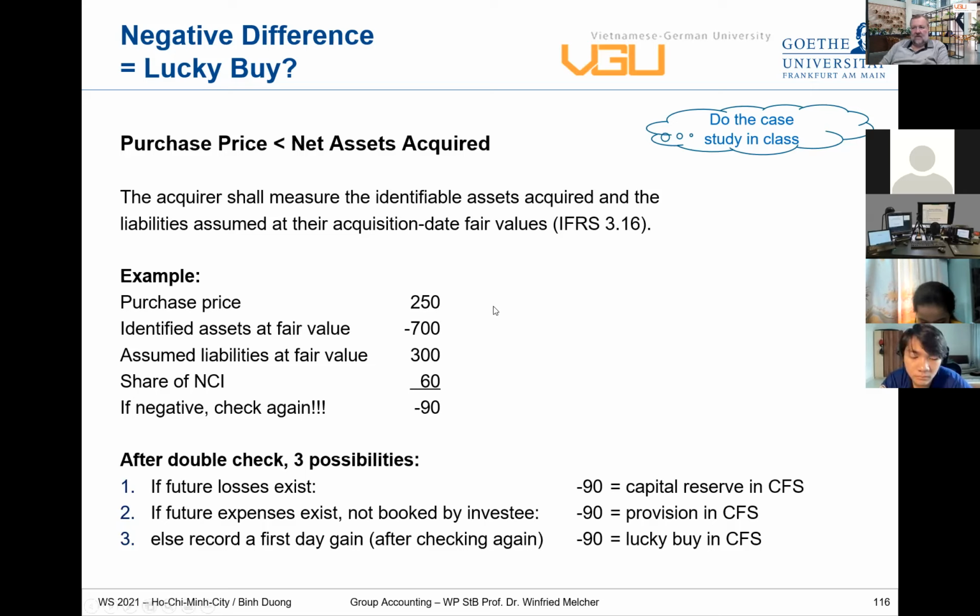So what you would do is you would set up a capital reserve, and in the future, when the future losses will be there, then of course the capital reserves can be used to cover the losses that will be there in the future.